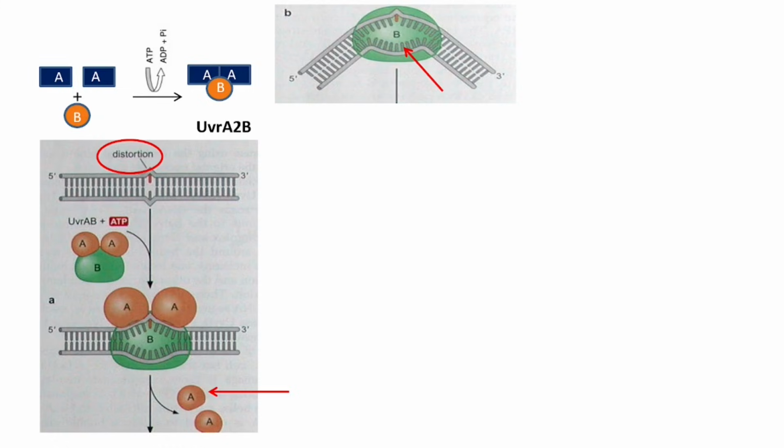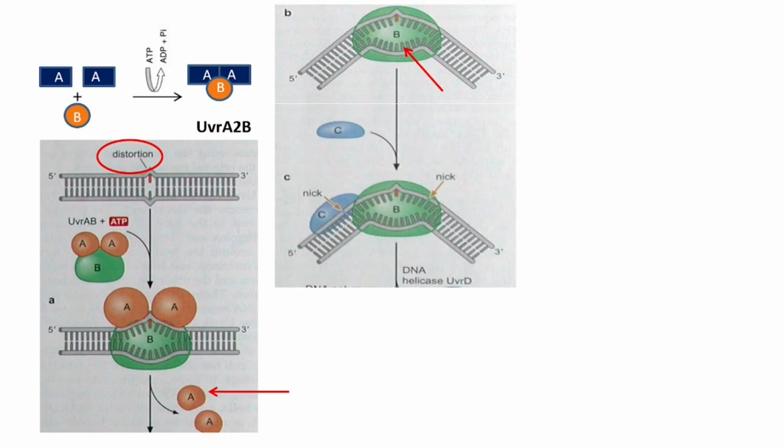The dissociation of UvrA is essential because it triggers the binding of UvrC to the site. UvrB and UvrC are endonucleases responsible for the excisions. UvrB makes a cut approximately 4 nucleotides 3' to the damaged site.